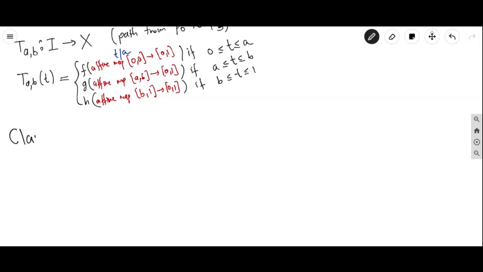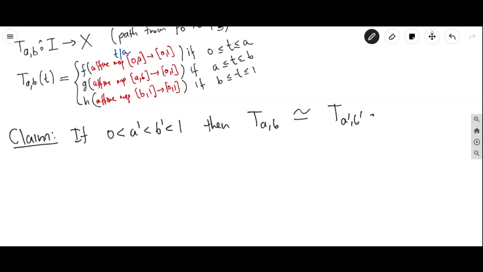The claim is that if you pick a different cutoff point, so if you decide to cut up the interval from 0 to 1 differently, then the triple product path that you get, whether you cut it up like this or like that, will be homotopic to each other in the end. Because of that, you can take advantage of this and prove the associative law. So let's accept this claim for now, and then we'll justify the claim afterwards.